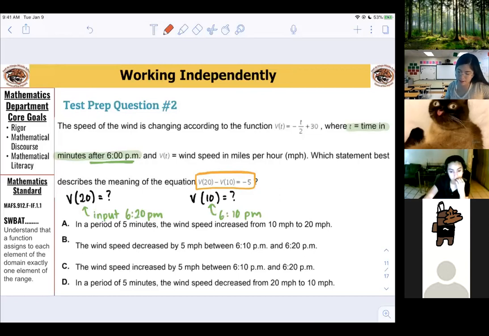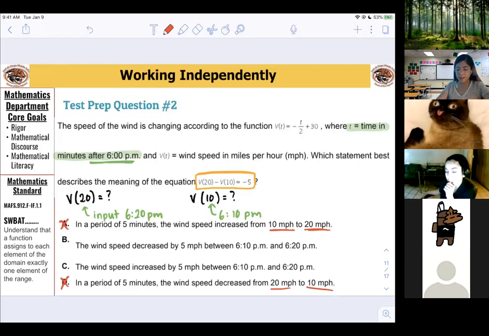A is saying that the 10 and the 20 are talking about miles per hour, but the 10 and the 20 don't represent the velocity. They represent the time. So I know that this one's incorrect. Same thing with D. They tried to make it sound like 10 and 20 was the velocity, but it's not. So far I know that the 10 and the 20 represent the time.